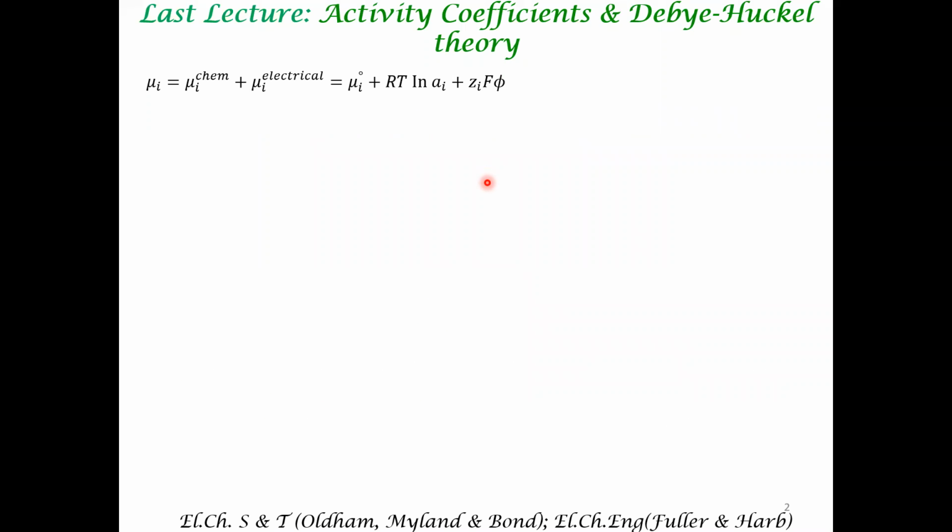In the previous lecture, we had addressed the issue of activity coefficient and an important model for its calculation, which is the Debye-Hückel theory. So we had earlier seen that the electrochemical potential is defined in the following manner. And as you can see, activity is related to electrochemical potential.